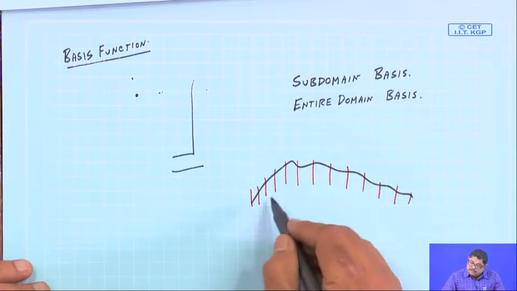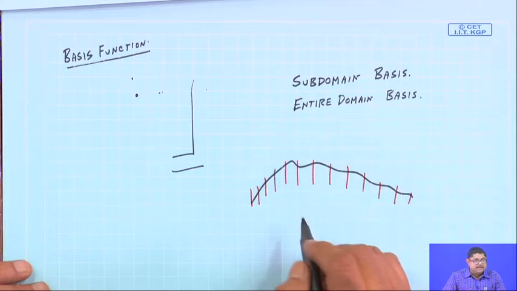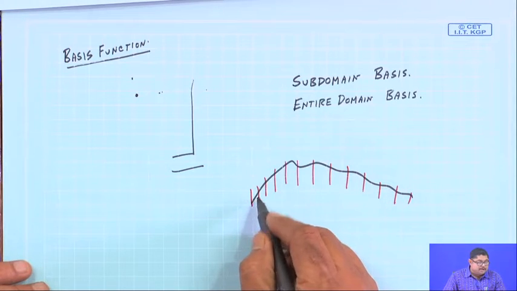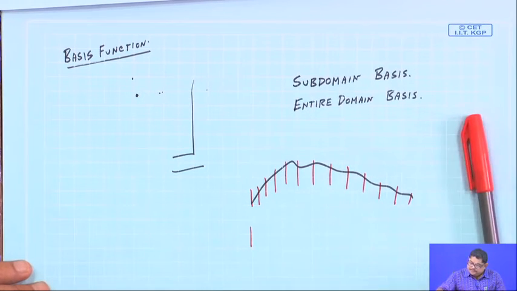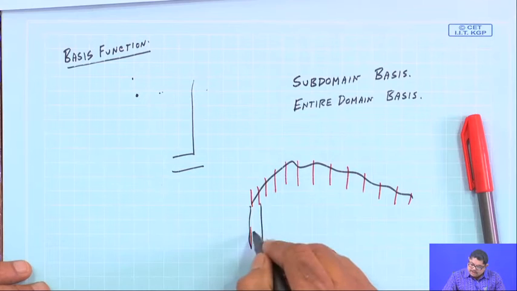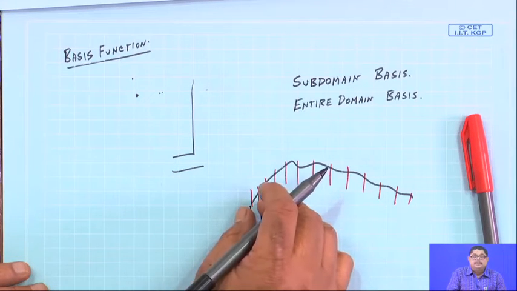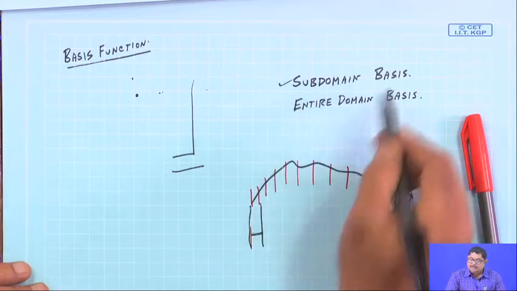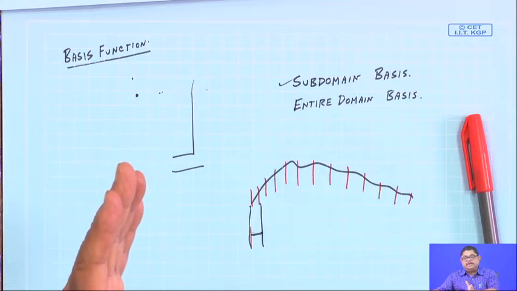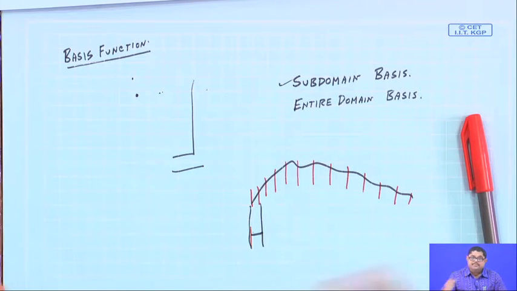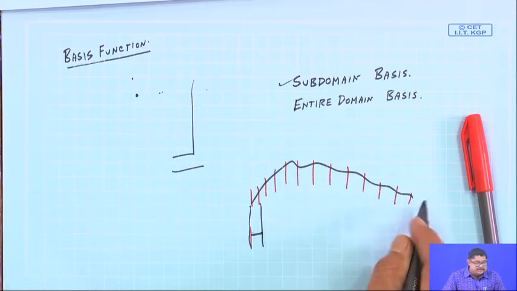But to start with, people generally do it equally, because I do not know the behavior, and here you assume pulses. So, the basis function is from here to here only a pulse. The domain of this pulse exists only over this part, that is why it is named subdomain basis. That means it is not over the whole domain of the unknown function or the response function, that is why it is subdomain. So, this is existing here, this is existing here.